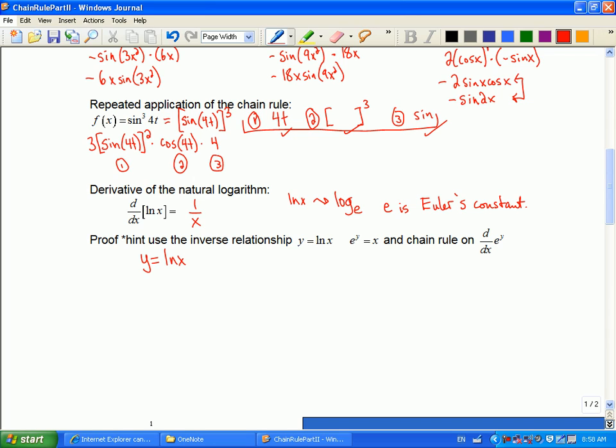So what I'm going to do is, we don't have the derivative for natural log of x, but we've already talked about the derivative for your favorite. So I'm going to rewrite this as e to the natural log of x, that is, e to the y equals x. And then I'm going to take the derivative of this piece.